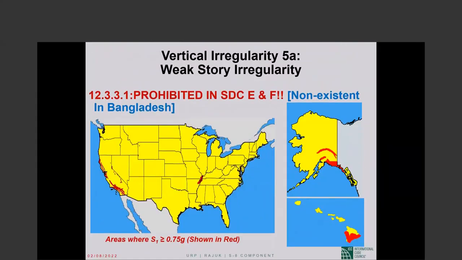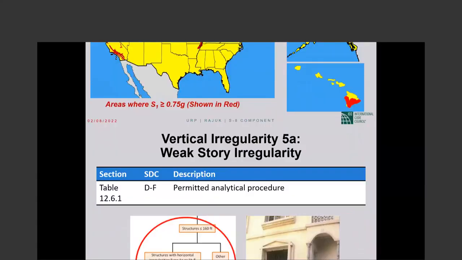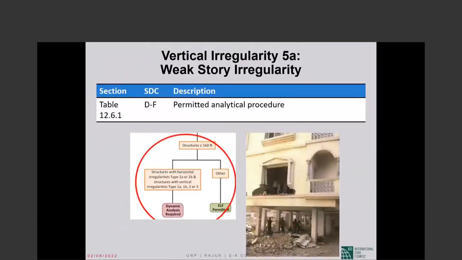This is prohibited in design categories E and F, which do not exist in Bangladesh. For D to F, you have to go to this table of permitted analytical procedure and figure out if you have to do dynamic analysis. You may or may not have to.